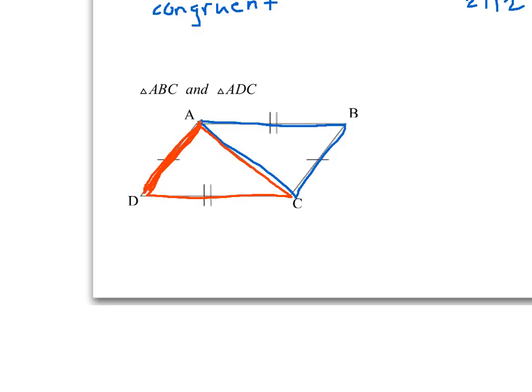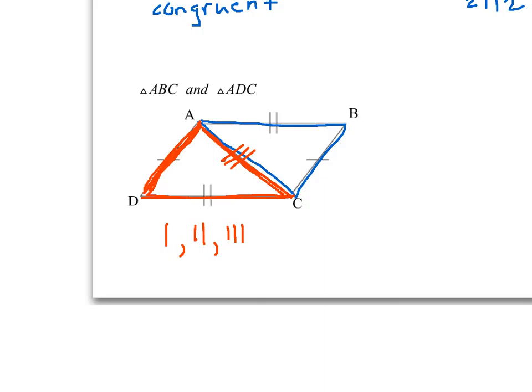It's 1 tick mark, right? I don't know what 1 tick mark stands for, but it's 1 tick mark. The length of this side is 2 tick marks. And the length of the third side, it's not labeled, so we're going to have to go ahead and label it. We can label it X, we can put our own tick marks on it, so I'm going to go ahead and put 3 tick marks on it and say, I don't know what that is, but I'm going to call it 3 tick marks.